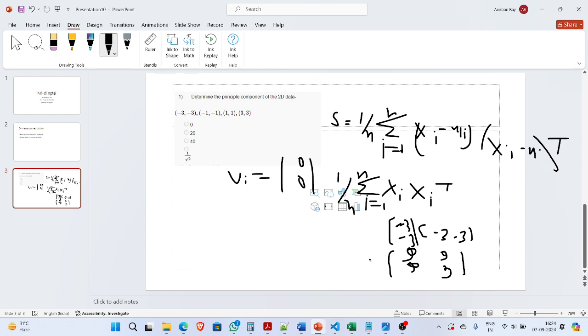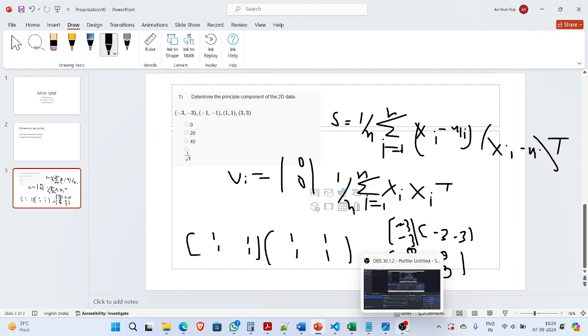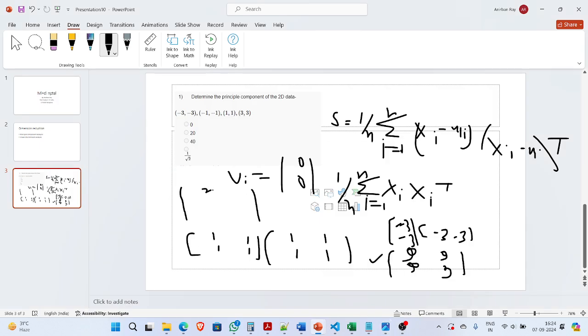So for the first sample we have this. The second one we'll have is 1 1 1 1. The third one is again 1 1 1 1, and the fourth one is 9 9 9 9. Add this up: 9 twice is 18, and 2 is 20.